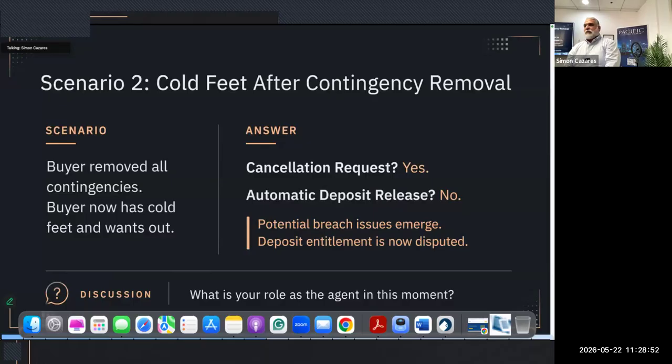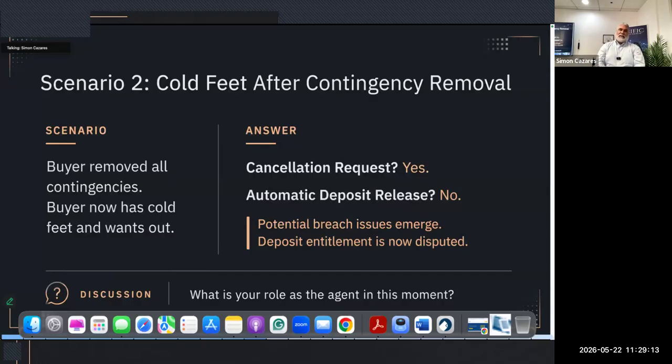You cancel, but there's no likelihood that the seller will agree to it without being damaged. If you're lucky, you can try. It's like playing poker, right? You can try and have that poker face and see if the cancellation is signed by the seller, releasing the deposit back to the buyer after the buyer has released all contingencies.